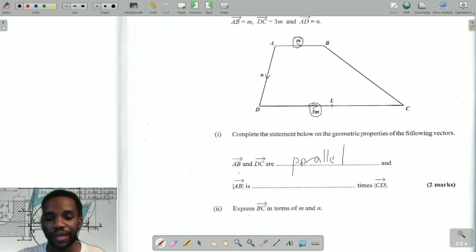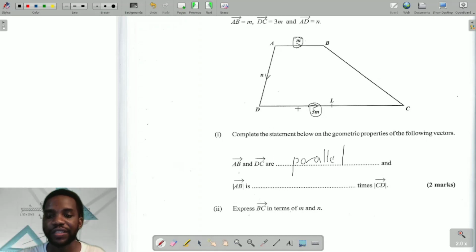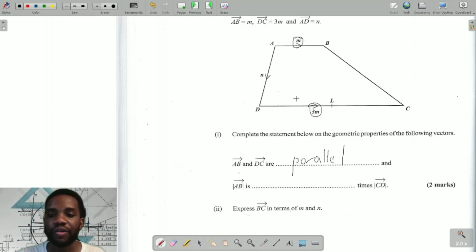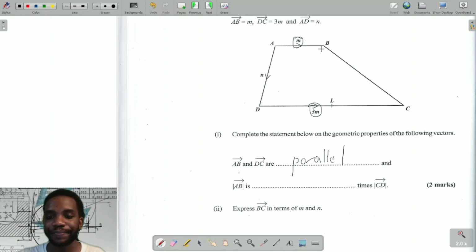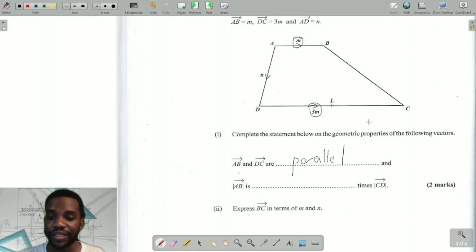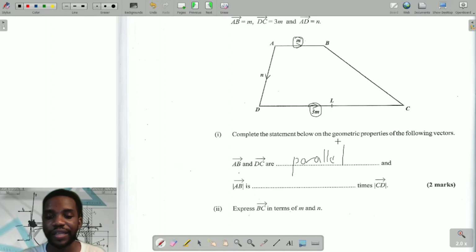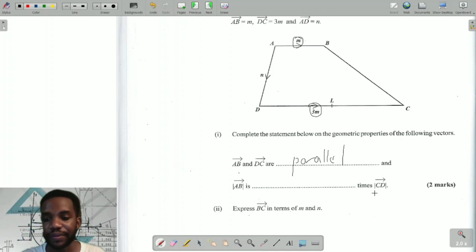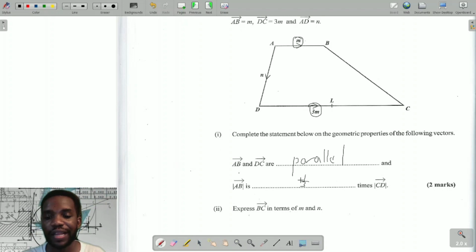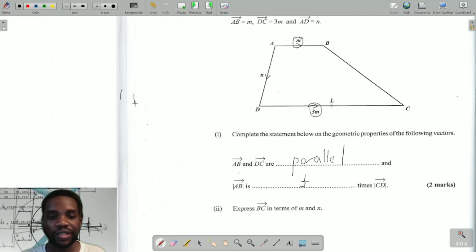Alright, so AB, well, it says AB is dash times DC. It's going to be 1/3, because we can say that if we multiply the modulus of AB by 3, we get the modulus of DC. So when you turn it around and say that AB is dash times CD, it's going to be 1/3. Alright, and let me make it make sense for you. The modulus of DC, and persons would probably better understand it this way, is equal to 3 times the modulus of AB.